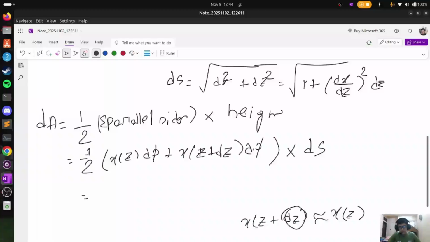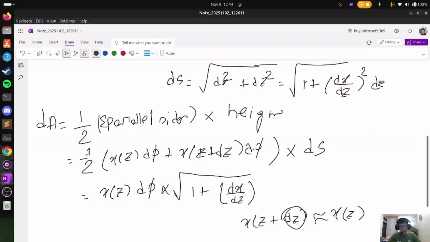So if we take the average of these, then what we will get is x of z d phi into 1 plus dx dz. Okay, and yeah, so that's our answer.